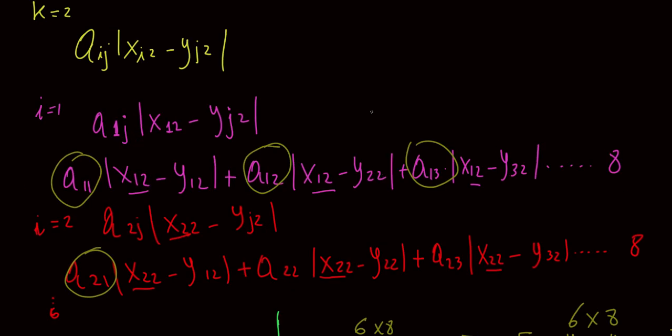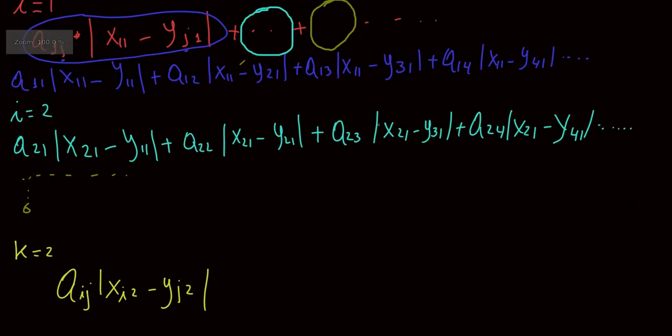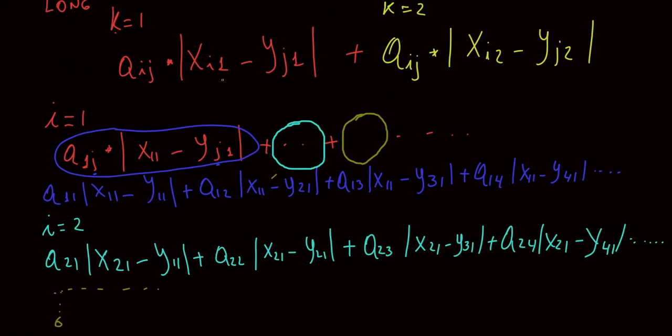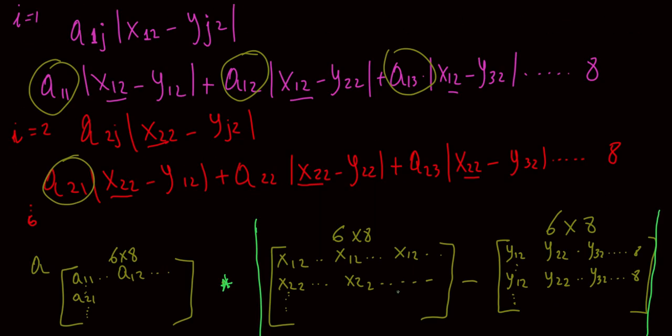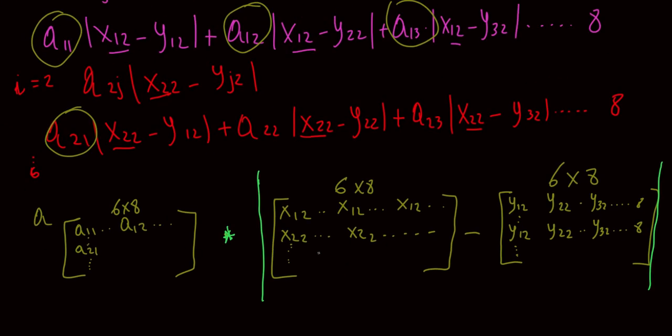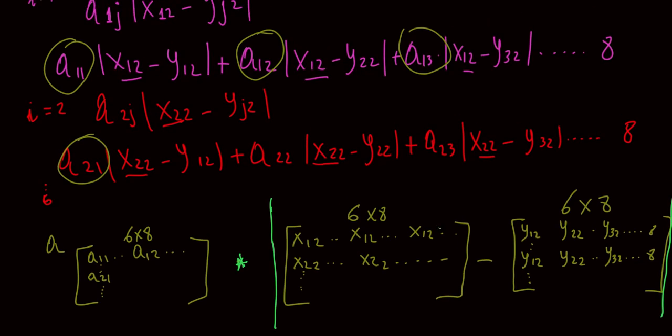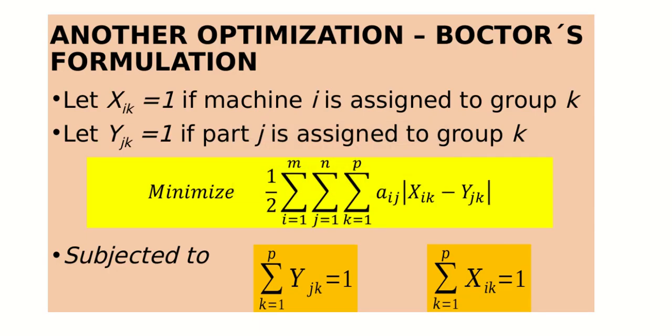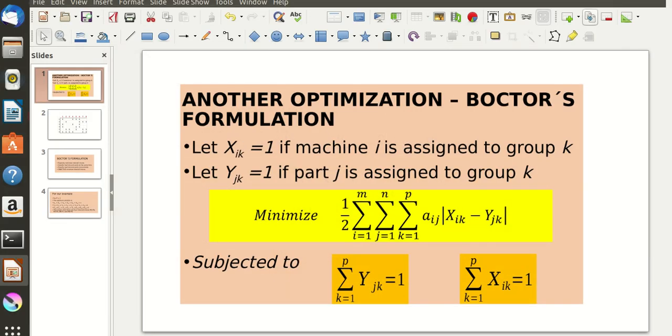I can do something similar for the pink term. You have an A matrix, an X matrix, and a Y matrix. So let's try to do that in our next video.